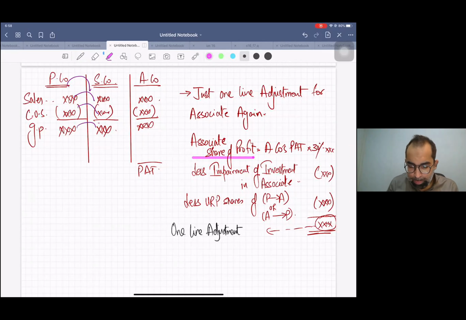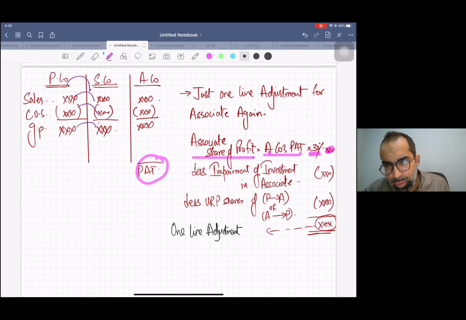Very easy. Simple. Associate company's profit after tax, multiply by your holding. That's it. Okay. One more thing. Be active. Sometimes it happens that associate is only for half of the year.